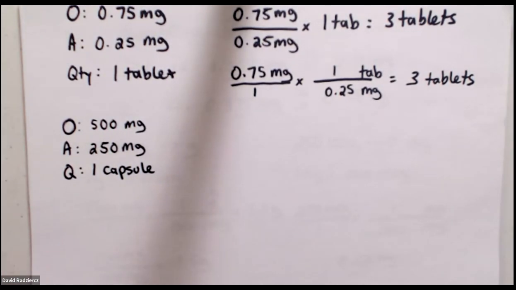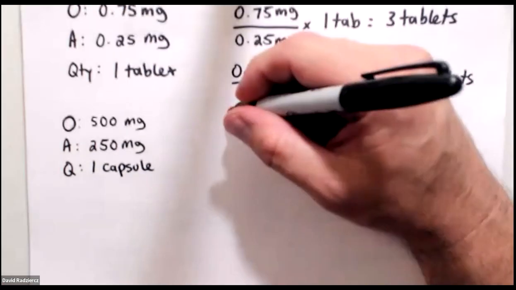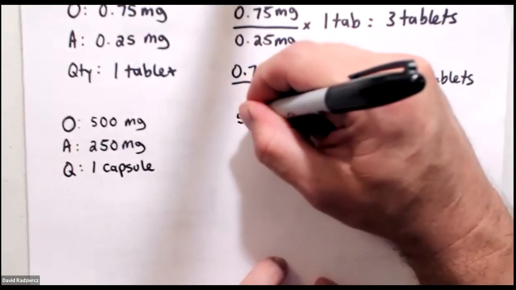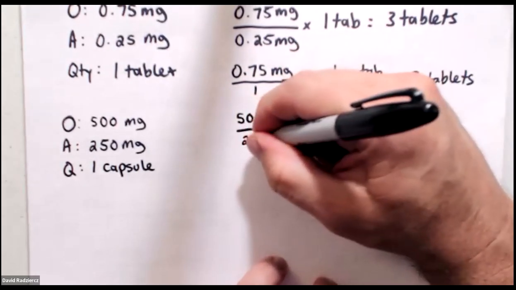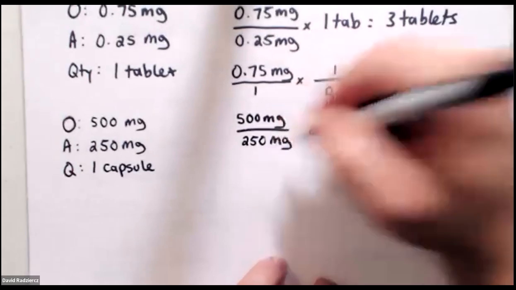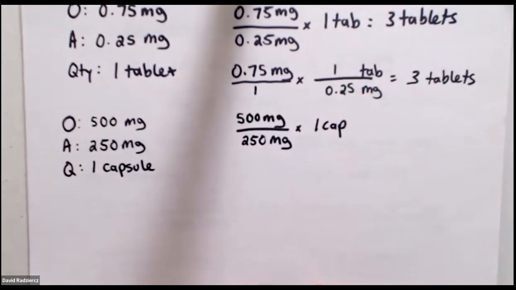Following the order over available, or order over have, format, I have 500 milligrams that's ordered. Available is 250 milligrams. And my quantity is the 1 capsule. I'm just going to abbreviate that CAP.